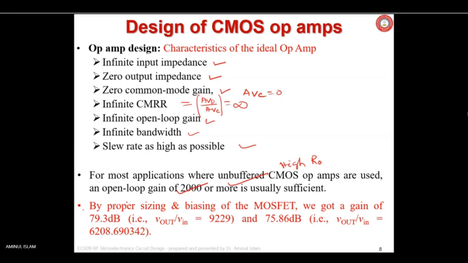We got even 79.3 dB, that is V_out over V_D will be 9229. It's talking about 2000. We got more than 9000 V_out over V_in, but yes, gain bandwidth product may be less.